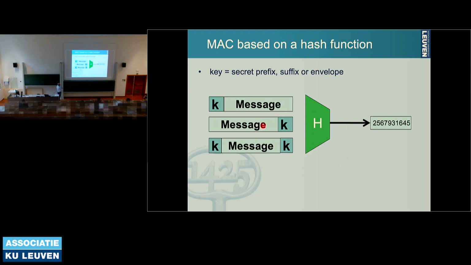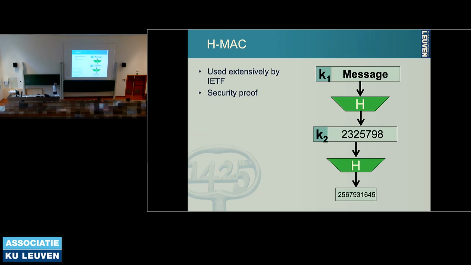Other people said, well, maybe it's better to do first the message and then the key. There are things to say about both. But maybe better is then what's called envelope. You have the key, then the message, then the key again, and you hash that. There have been discussions for a long time. In the end, people settled for the following method.